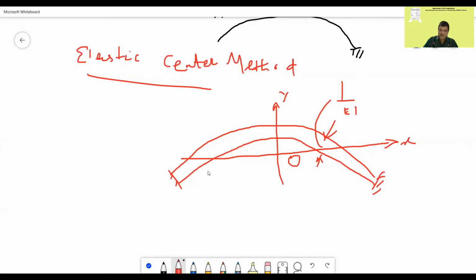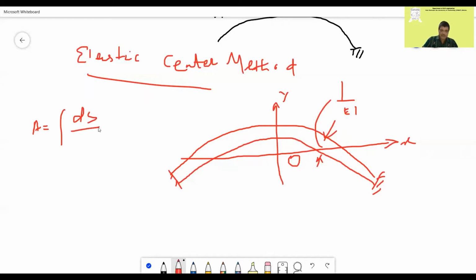So if you take 1 by EI as the thickness of this arch section, the analogous column section, with the cross section the same as the shape of the arch, this point O is the CG of the section, the elastic center of this arch. Now the area can be found as the sum of ds by EI.